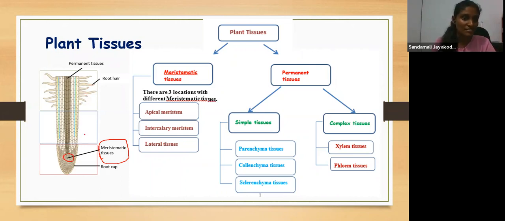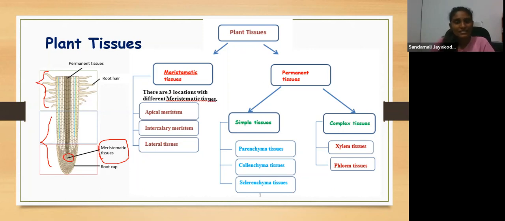In the lower region, which has the meristematic function, they do only division of cells. But this area contains tissues that are doing different functions.